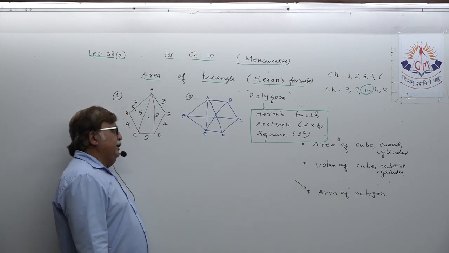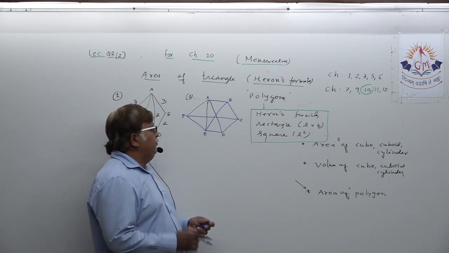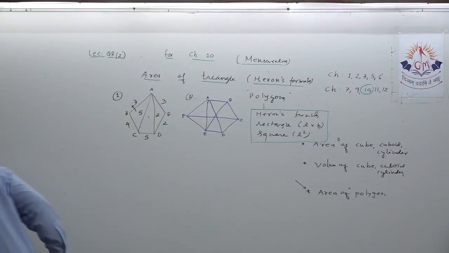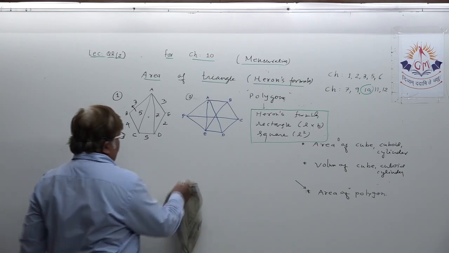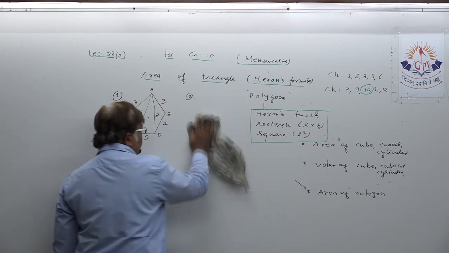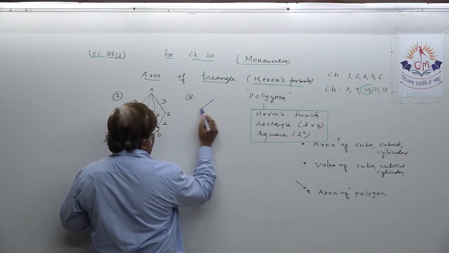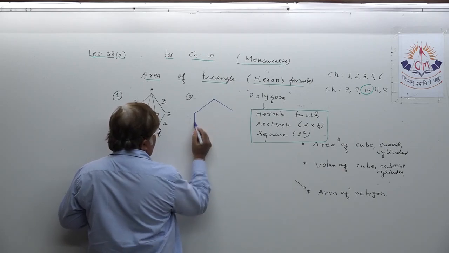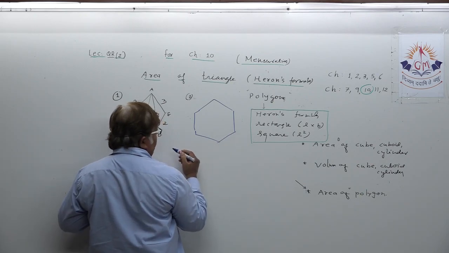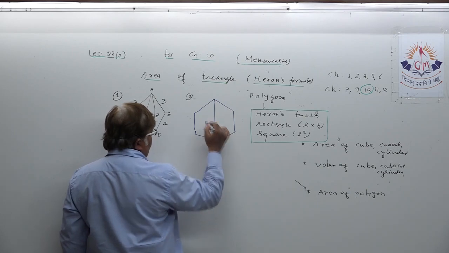If you want to find the area of a hexagon, dear student, let me make one thing very clear in your mind. As far as the hexagon is concerned, ultimately you can draw a hexagon any way you like. Now this hexagon can be divided into triangles.